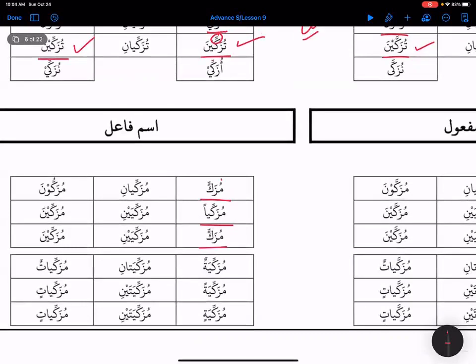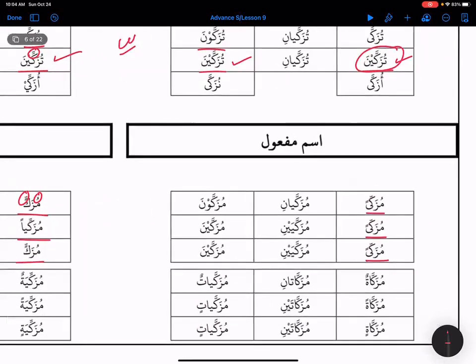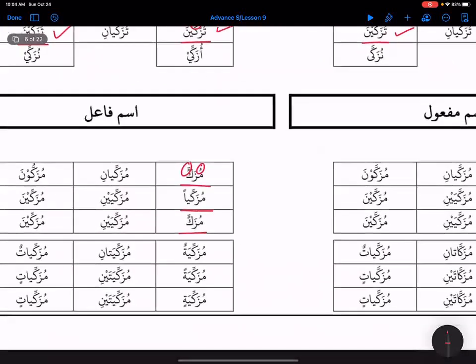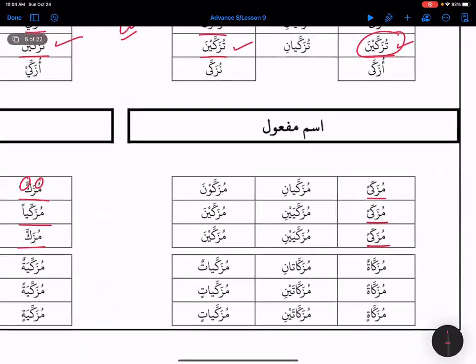Ism maf'ul is on the pattern of what? If ism fa'il was muzakkin, because we take U and E sound, since we are in a mazid fihi, then it's simple and easy. Ism maf'ul takes U and A sound, so that's why it will be muzakkan. That was muzakkin, and now this is muzakkan. So muzakkan, muzakkan, muzakkan, and this is non-flexible.